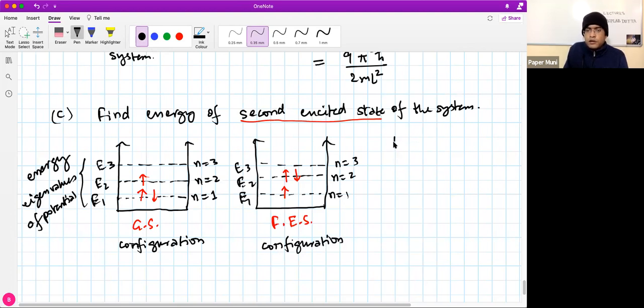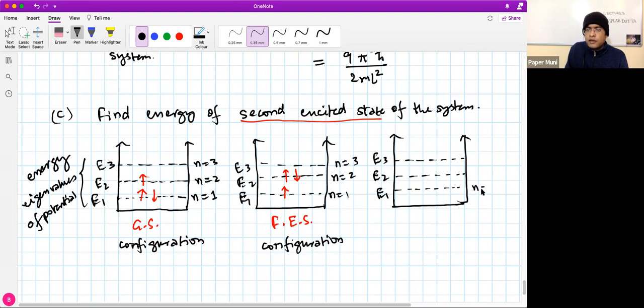Now, if we try to find out the next energy configuration, here is n equal to 1, n equal to 2, n equal to 3. All of these are from 0 to L.